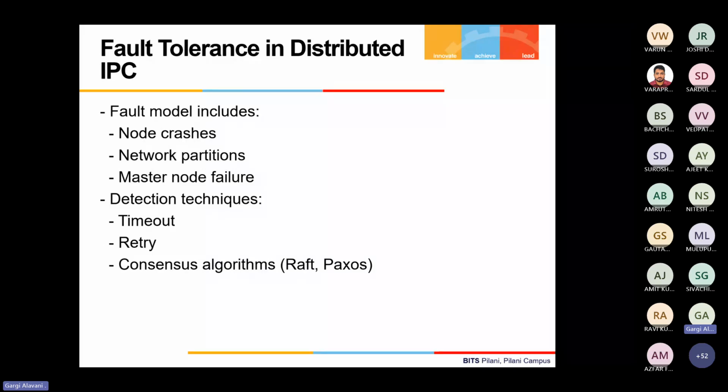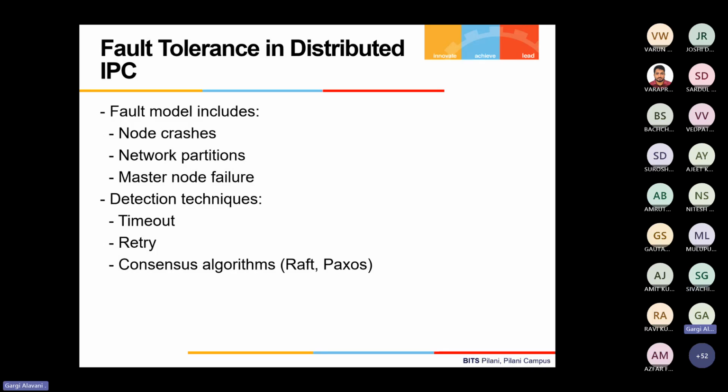Typically, we check if there are crashes, network splits, or the master node has failed, and to detect faults, we use timeouts, which tell us if there are any unresponsive nodes.